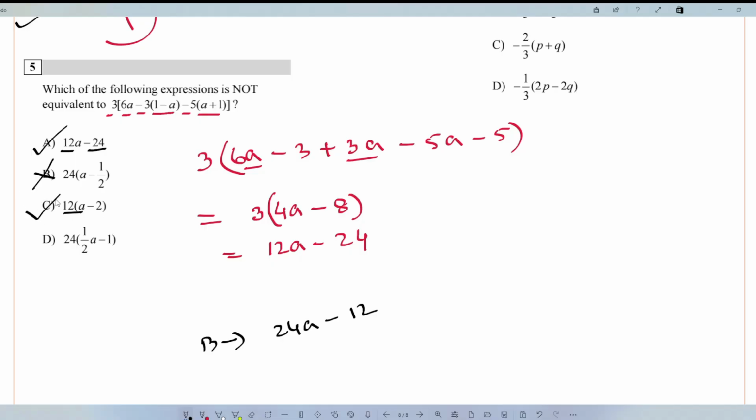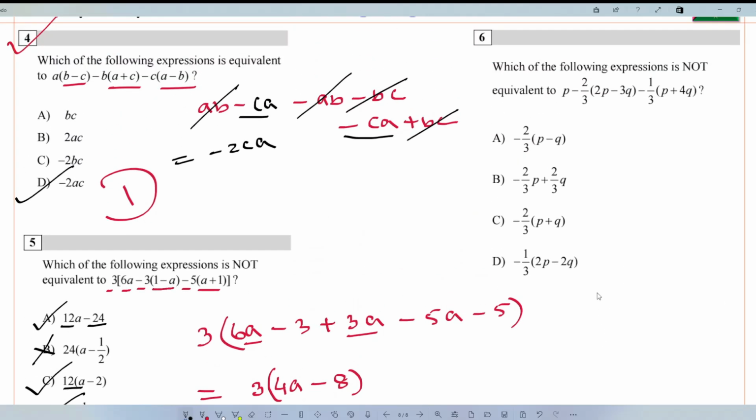So number c is okay. Again 24 times 1 by 2 will become 12a, and similarly 24 times minus 1 will become minus 24. So number d is also okay. So everything is okay except number b. Okay, clear this one?